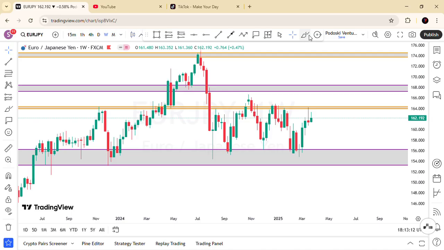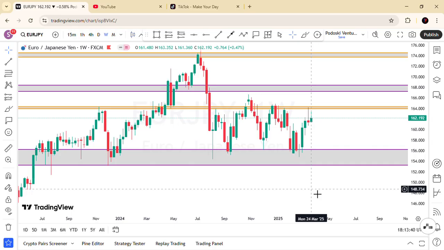And if you see here on the weekly time frame, after the touch, we are seeing a significant pin bar on the weekly time frame. Since you have seen a pin bar, price should drop, right? So let's go to the lower time frame and see if we'll continue the analysis or pause.